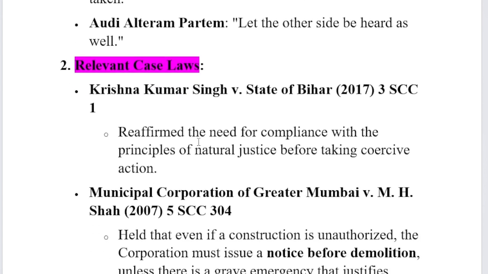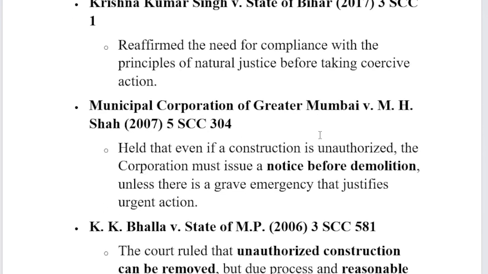There are a number of case laws in this connection: Krishna Kumar Singh versus State of Bihar, Municipal Corporation of Greater Mumbai versus M.H. Shah. Here, giving notice is a must. That means if they don't give notice, it is a clear violation of natural justice. And K.K. Bhalla versus State of MP also.